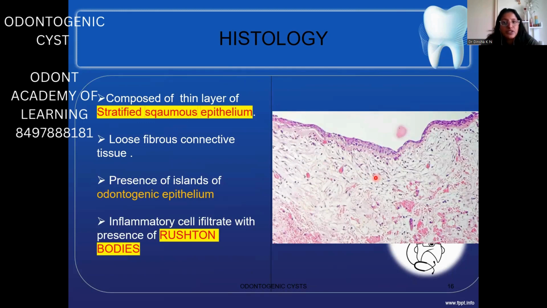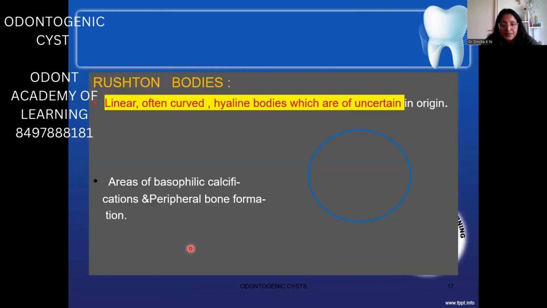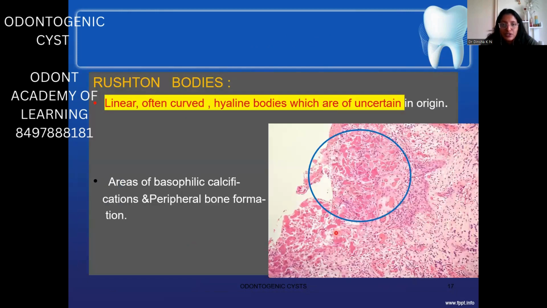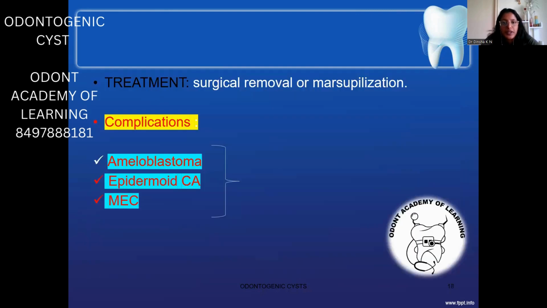In the epithelium, there could be some inflammatory infiltrate with the presence of some hyaline or eosinophilic bodies. You call them Rushton bodies. These are linear or even curved hyaline bodies of uncertain origin. In the connective tissue, you can also see some areas with basophilic calcification and peripheral bone formation.